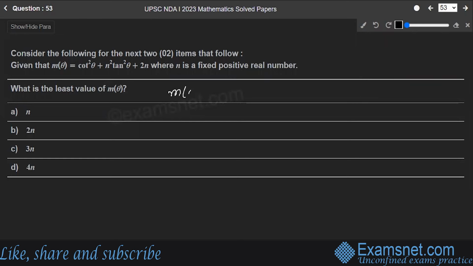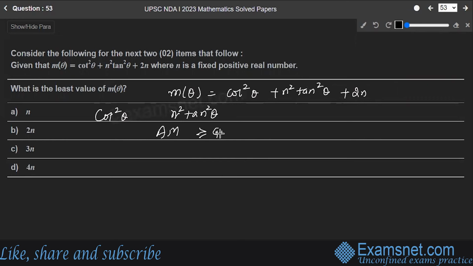First of all, m theta is equal to cot square theta plus n square tan square theta plus 2n. Now I'll leave the 2n and pick up these two terms, cot square theta and n square tan square theta. You know, the AM is always greater than or equal to the GM.